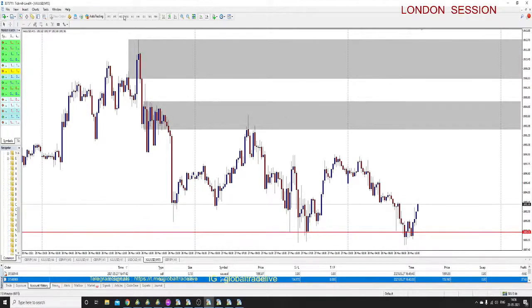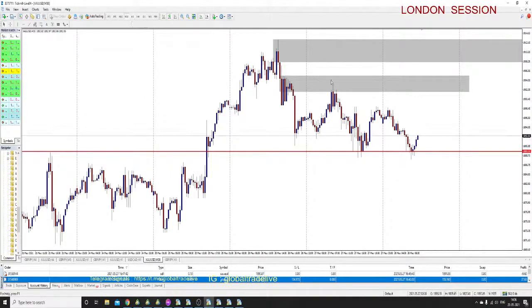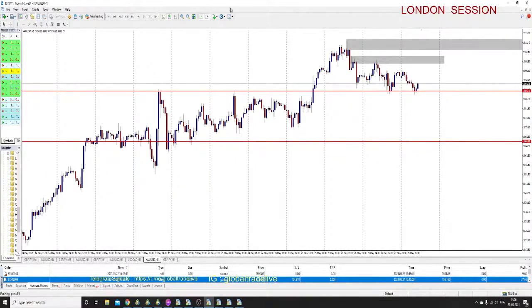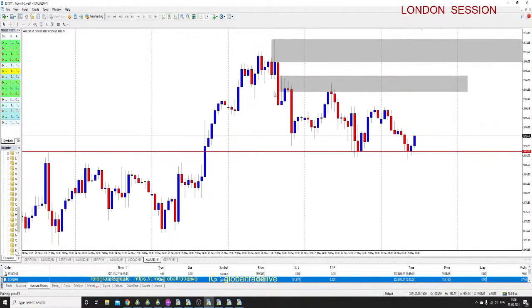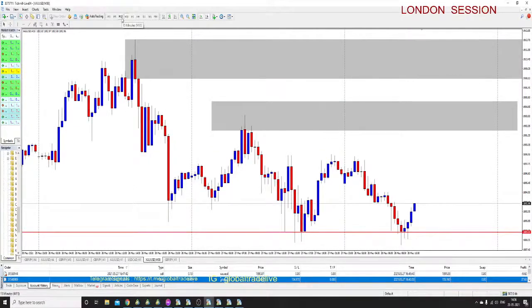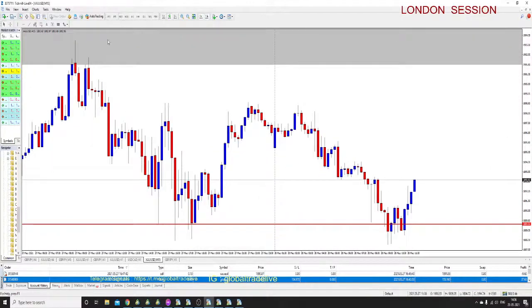If we go back to the bigger time frames, you will see that these wicks over here need to get filled. So we will be trading accordingly.